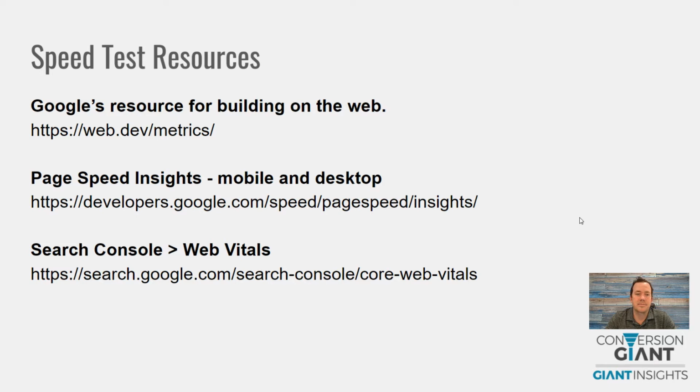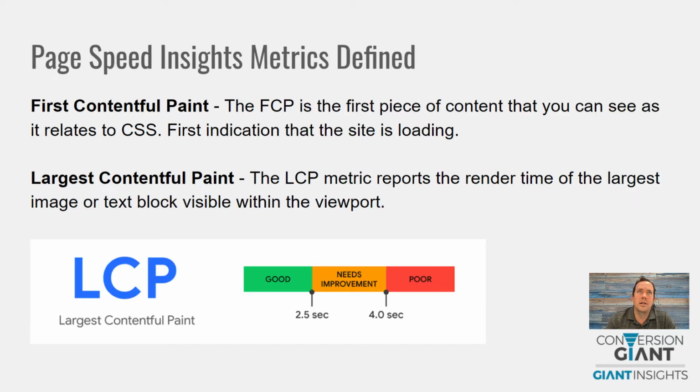So, getting into what these actually are, first contentful paint and largest contentful paint, we're measuring how long it's taking for your website to load certain elements. First contentful paint is to load the first piece of content that you can see as it relates to styling on your website.